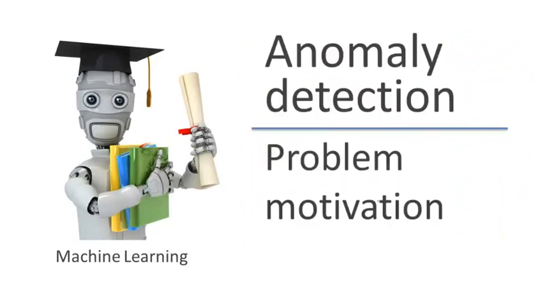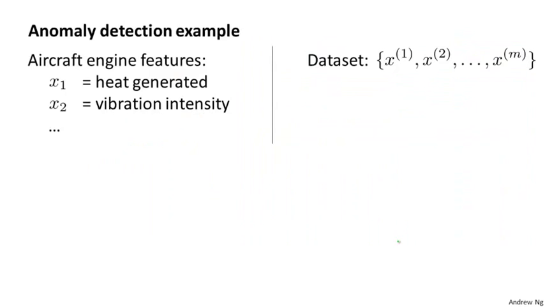To explain it, let me use the motivating example of imagine that you're a manufacturer of aircraft engines, and let's say that as your aircraft engines roll off the assembly line, you're doing QA, quality assurance testing, and as part of that testing, you measure features of your aircraft engine, like maybe you measure the heat generated, things like the vibrations, and so on.